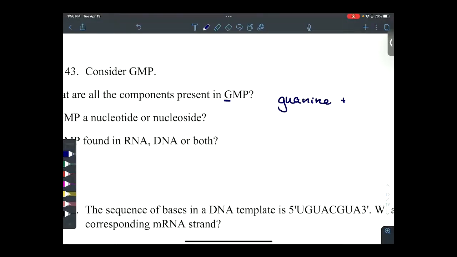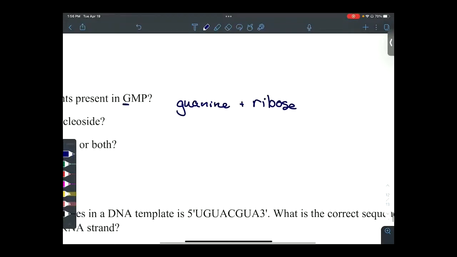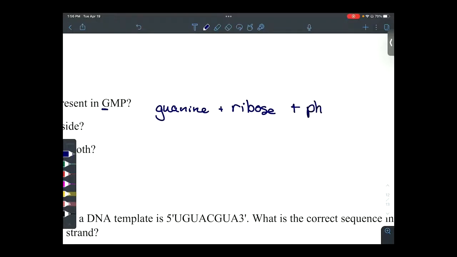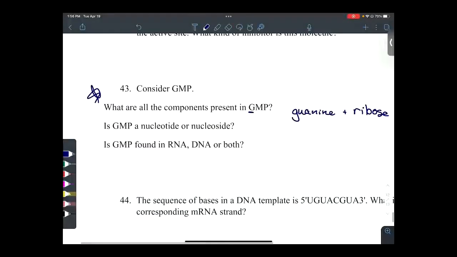It has a sugar with it, but which one? Ribose. Yes, it has ribose. What would the letters be instead if it was deoxyribose? dGMP. Yes. So this is ribose, and then MP means it has a phosphate. So these are the components. Then, is GMP a nucleotide or a nucleoside?